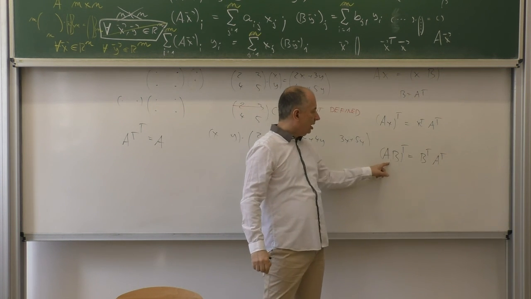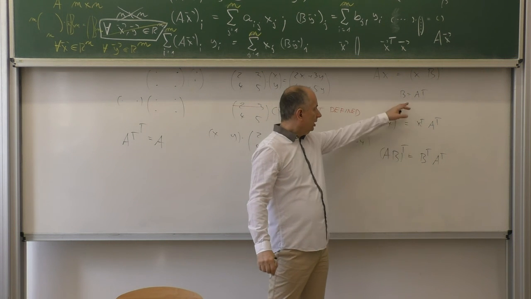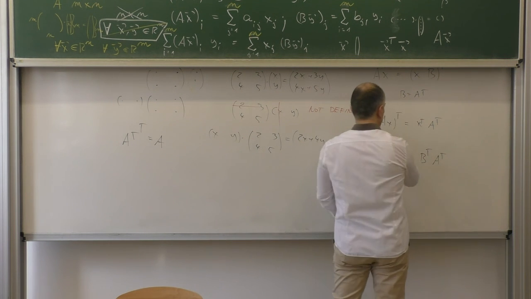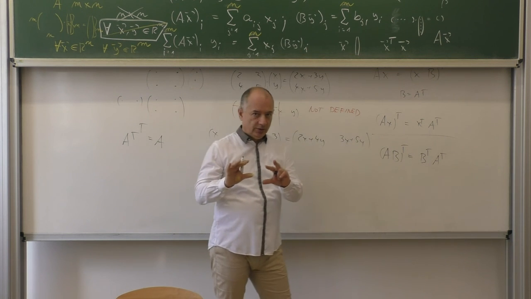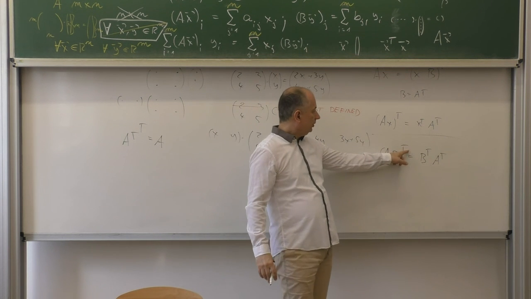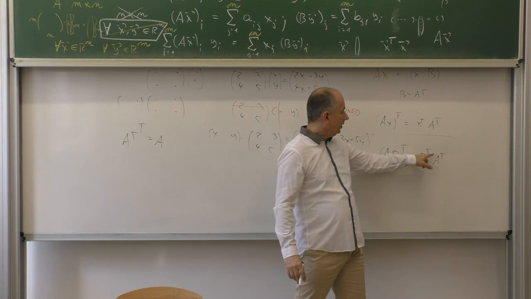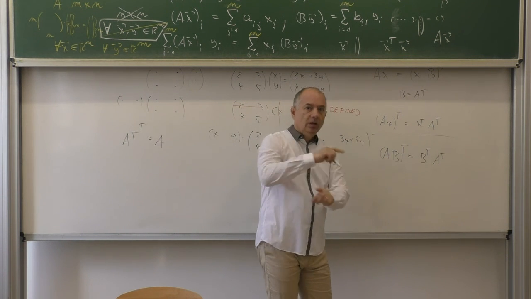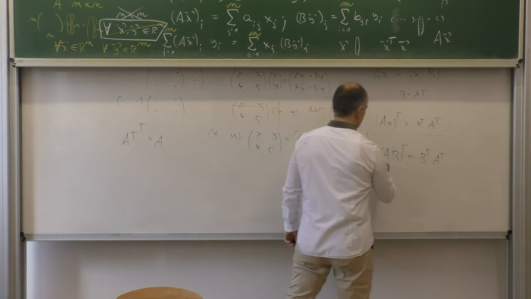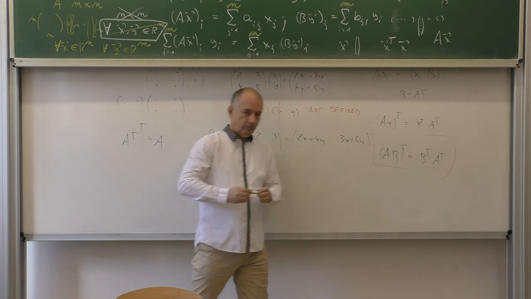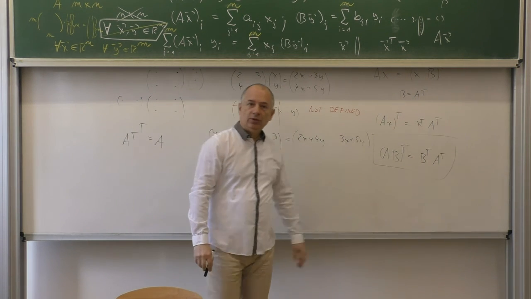Now A and B are two independent matrices, and this is no more true. So for any two matrices for which the multiplication is defined, the transpose of the product is the product in the reverse order of the transposed matrices A and B. So that was for the transposition of a matrix.